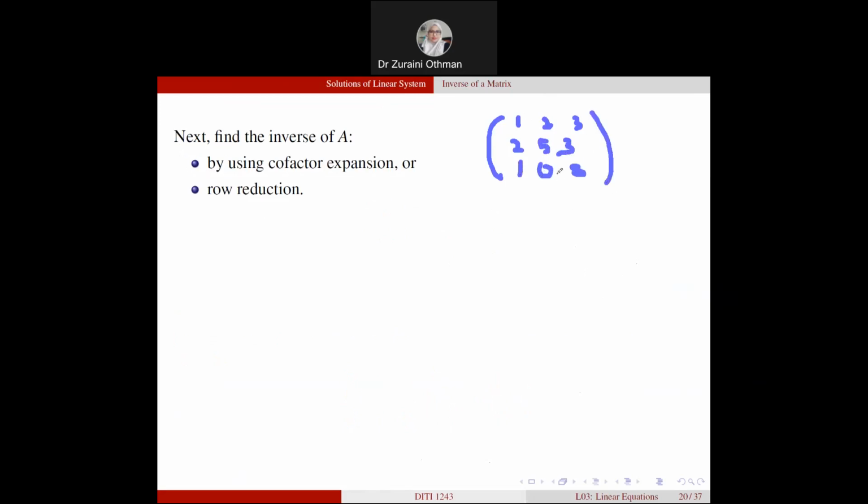Okay, now, for this, we want to do a cofactor. Remember again, what is the cofactor matrix for this A? Okay, so now calculate. Here, it is -1 kuasa 2, untuk tempat yang pertama.